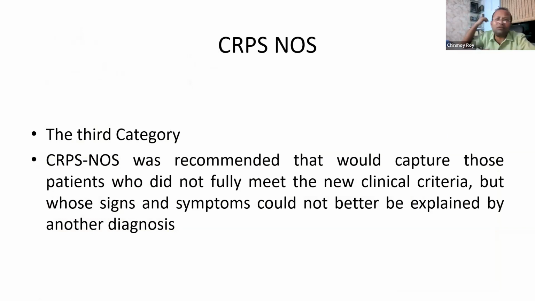Anybody would diagnose anything, because they did not have one nomenclature of diagnosis. There were 20 names. Now we have narrowed down the names and fixed a name, but the criteria are very tough.